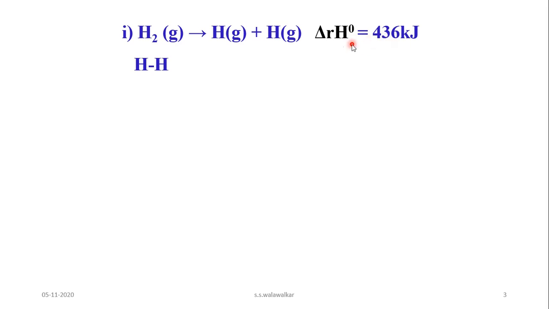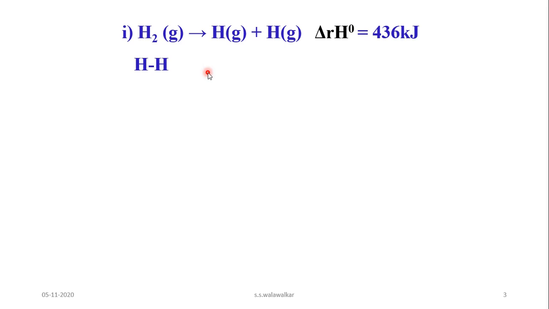So this is nothing but the bond enthalpy of HH bond. That means standard enthalpy of reaction is equal to standard bond enthalpy of HH bond, as well as it is the enthalpy of atomization. We have already studied this term.